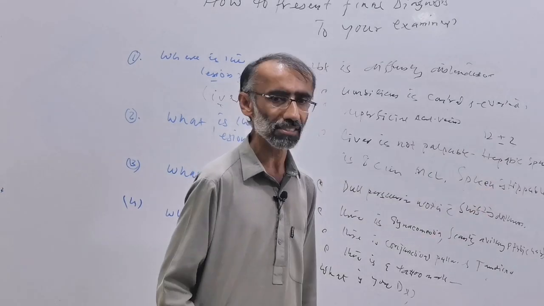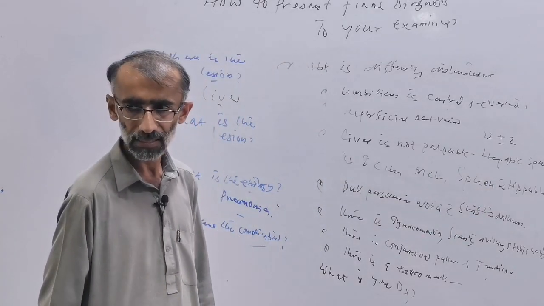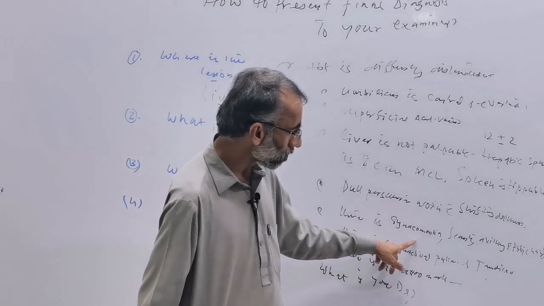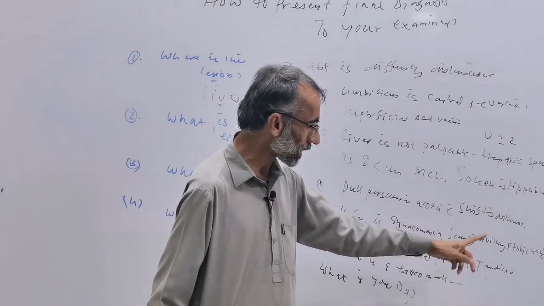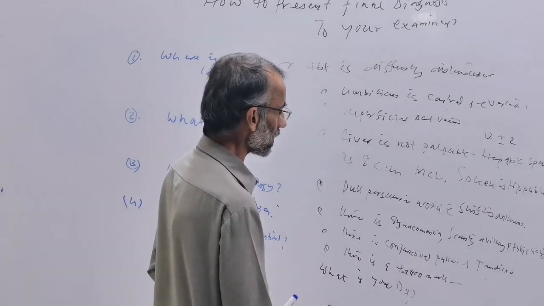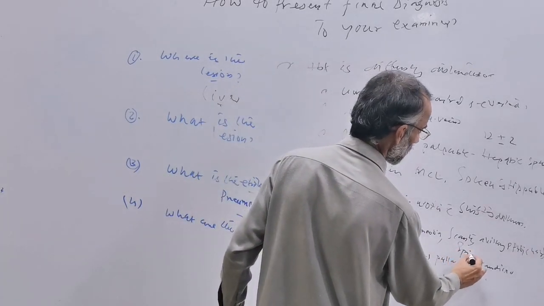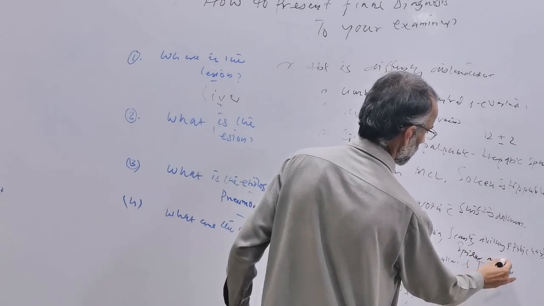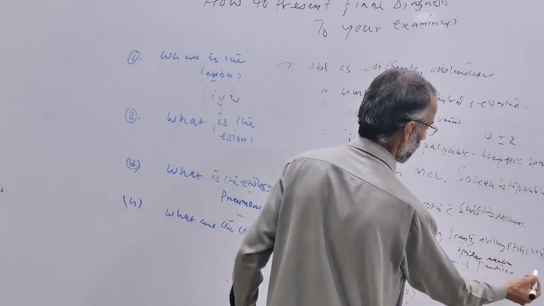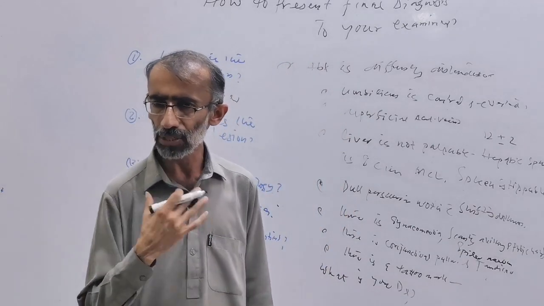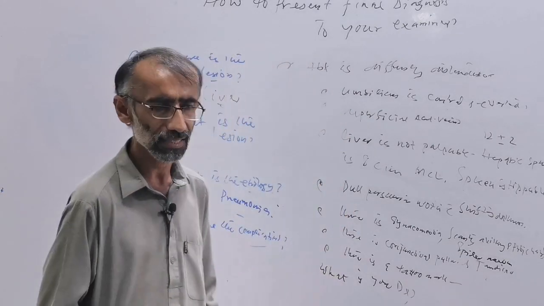Spleen is palpable. And there is gynecomastia, scanty axillary and pubic hair, and there may be multiple spider nevi on the anterior thorax and on the face.